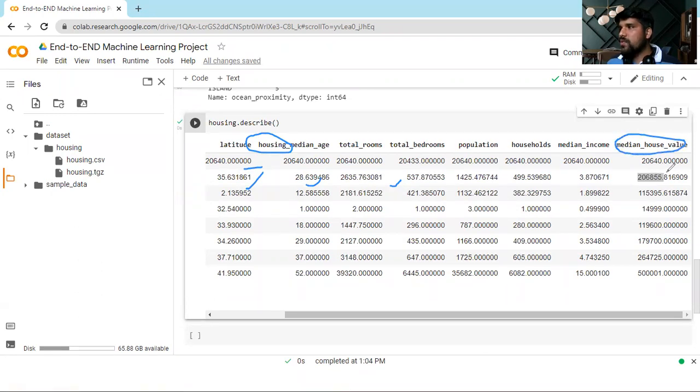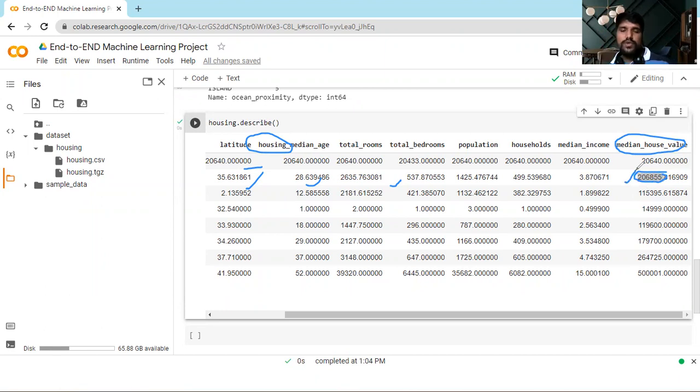The value is coming as $206,855. This is in dollars. So it means that on an average in that district, in the area for which we are calculating this, the housing price is 2,06,855 on an average.